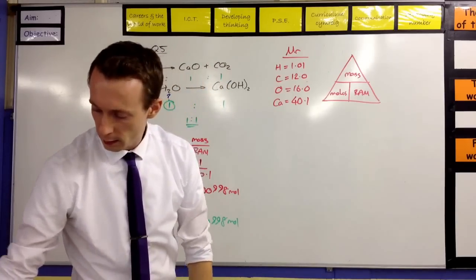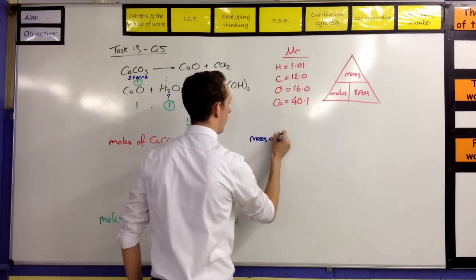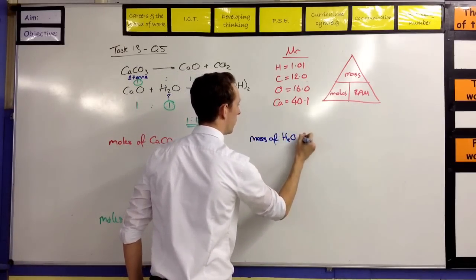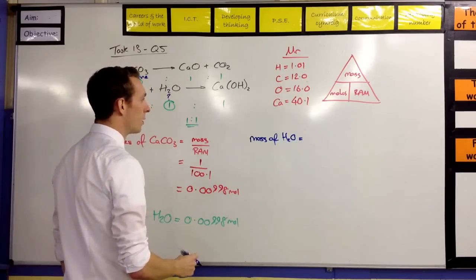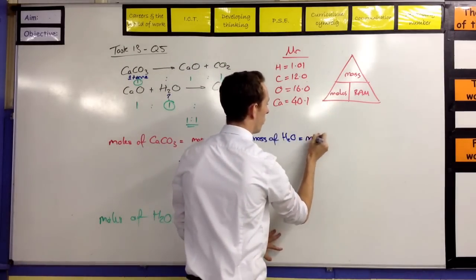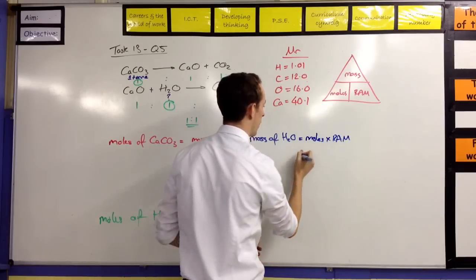So the mass of water, H2O, that we need for this is going to be equal to the moles times the relative atomic mass. It's the same steps we're employing every time.